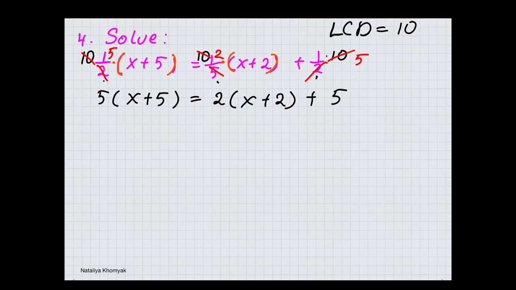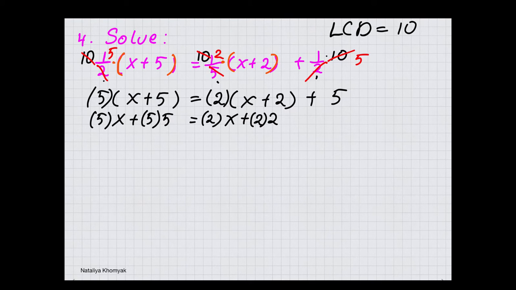I don't know about you, but I would rather distribute a whole number versus a fraction. So we have x plus 5, and we need to distribute this 5, equals to x plus 2, and we need to distribute this 2, plus 5. It was not inside of the parentheses.